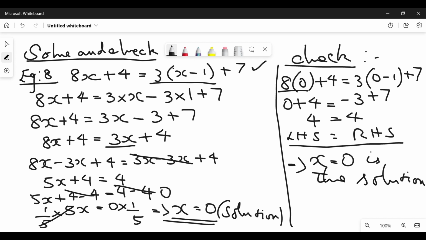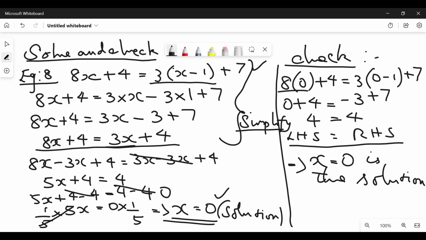What did we do from here to here? First of all, we did simplification of the given equation. Then after simplification, I did the solving part and got the answer by applying the additive inverse and the multiplicative inverse.